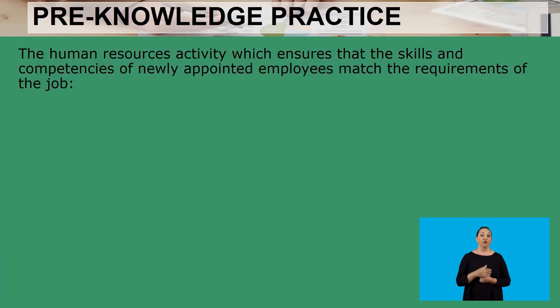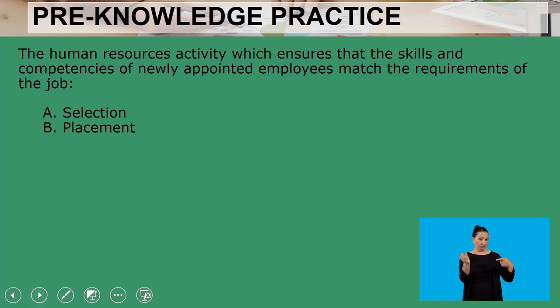Right, there's a question here. This is our pre-knowledge practice, just to test and see if you understand. It says, the human resources activity which ensures that the skills and competencies of newly appointed employees match the requirements of the job. Choose the correct answer: A, selection; B, placement; C, recruitment; or D, induction.